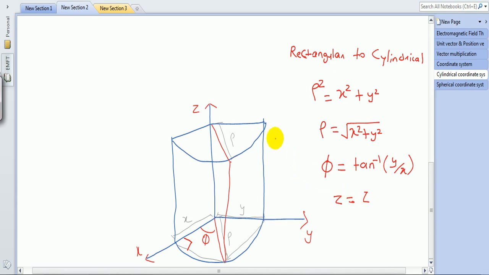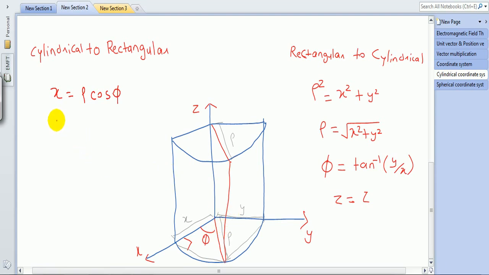Now if you want to do the opposite, that is cylindrical to rectangular, you can find the values of x and y in terms of rho and phi. So you can see that this is rho. If I project this on the x axis, then it will become rho cos phi. So we can write that x is equal to rho cos phi, and if I project rho on the y-axis, then it will become rho sin phi.